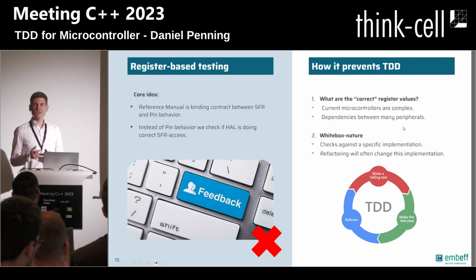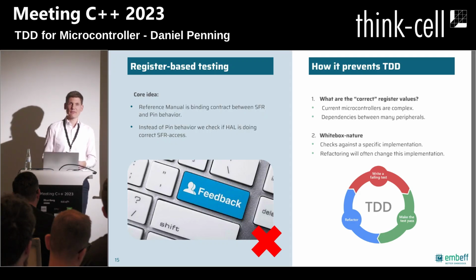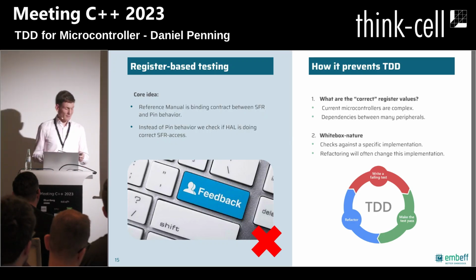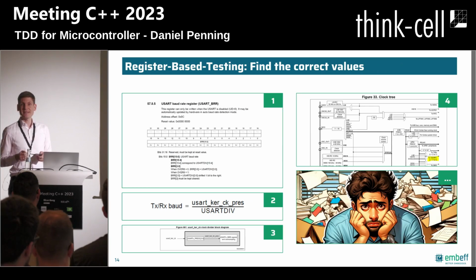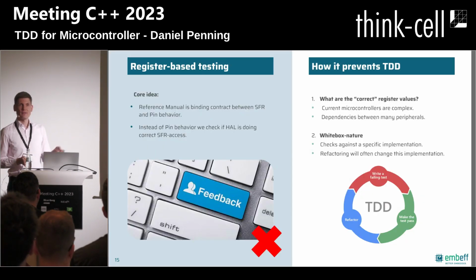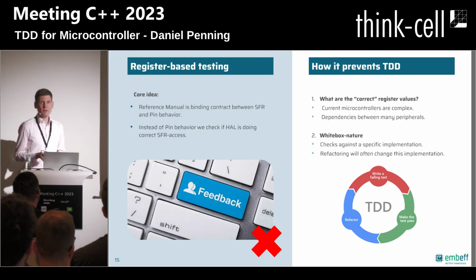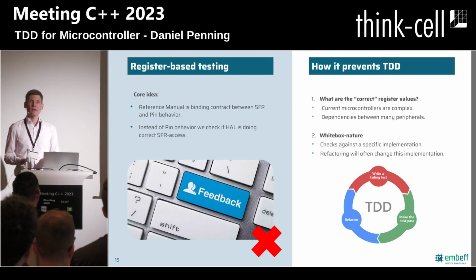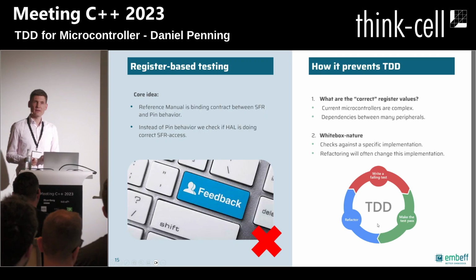The second thing is much more problematic, especially for TDD. It's a white box test. You test against a specific implementation, because what you did here is basically the same you would do when you implement it. And white box tests don't fit into TDD, because in TDD, you want this refactoring to work: make changes to the code base and be sure that your tests catch if the functionality changes.